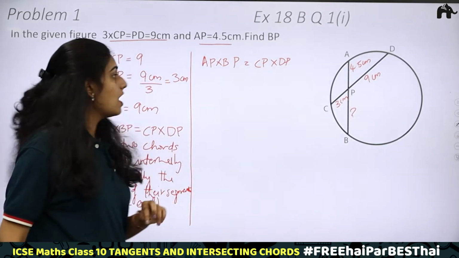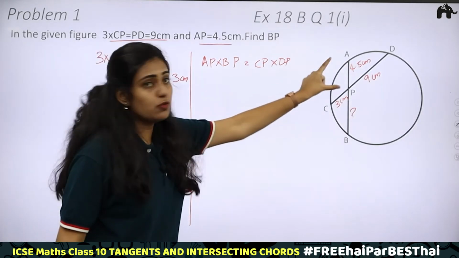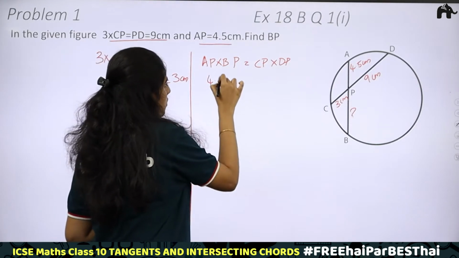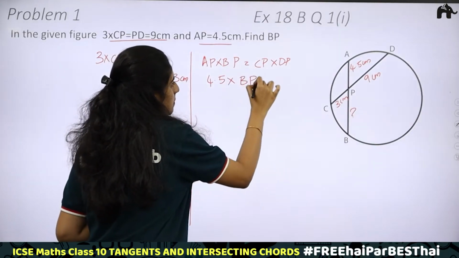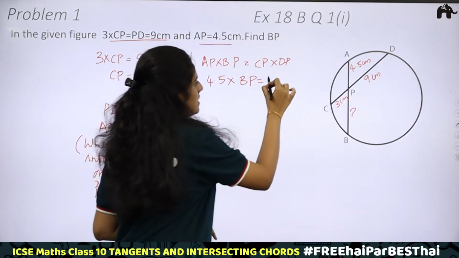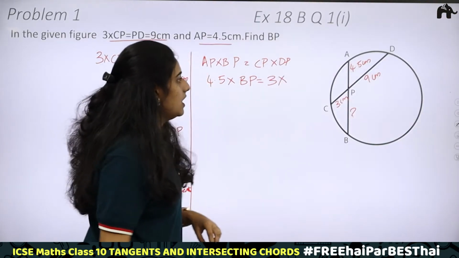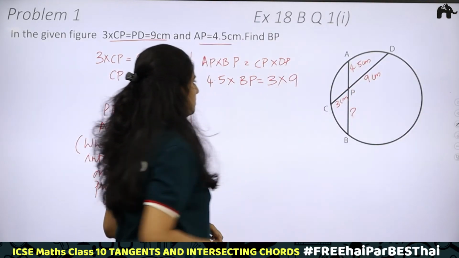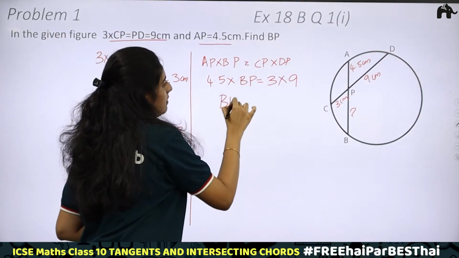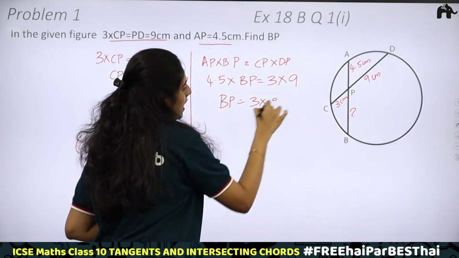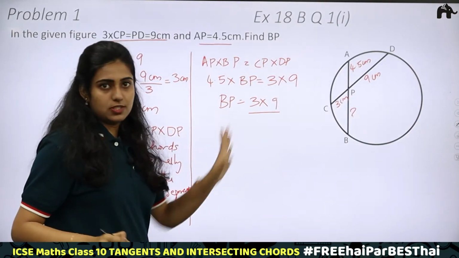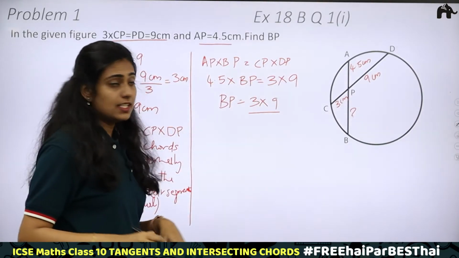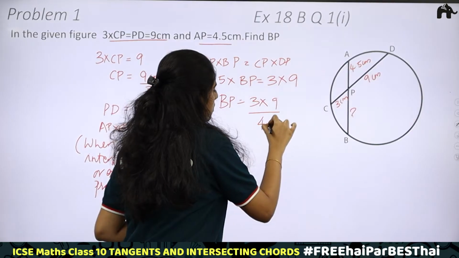Now put the values. What is AP? AP is 4.5 centimeter. 4.5 into BP. BP we have to find. BP is equal to CP is 3 and DP, DP is 9 centimeter. Then what is BP? BP will be equal to 3 into 9 divided by, taking this 4.5 to the opposite side, multiplication becomes division, 4.5.